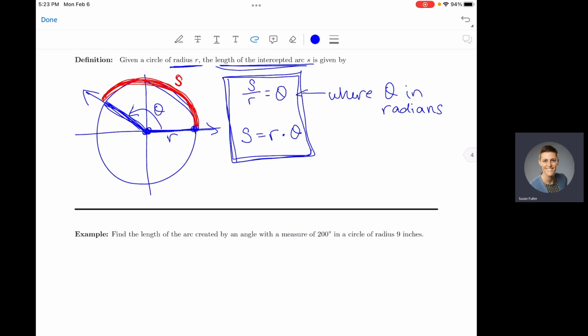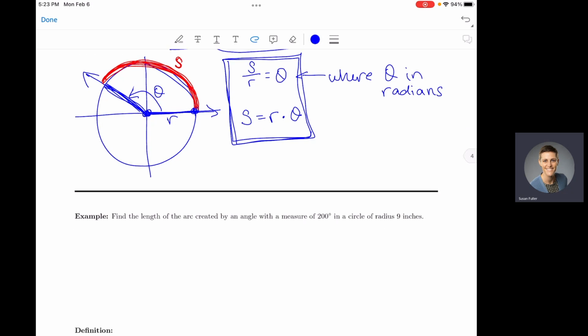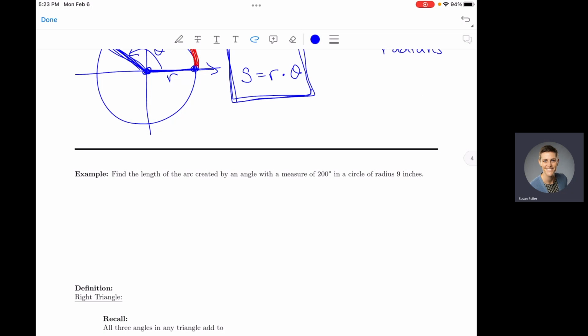We are asked to find the length of the arc created by an angle with a measure of 200 degrees in a circle of radius 9 inches. I'm very visual, I like to have a picture, so I'm going to draw a quick picture here. Here's my circle. My radius here is 9 inches. I have an angle that measures 200 degrees.